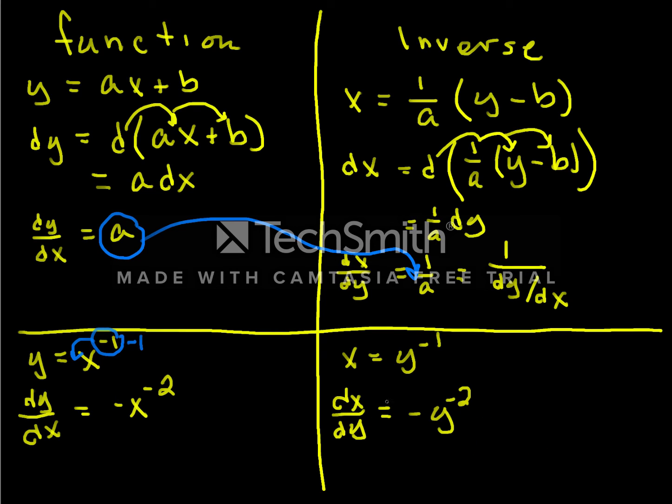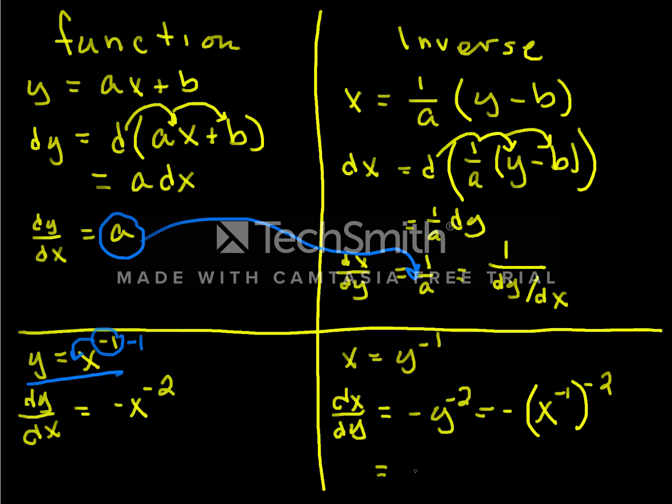Now, we know something about y, unlike the original example, where we could see the relationship right away. These have two different variables, but I know that y is equal to x to the minus 1. So I could replace that here. And so this is equal to negative, and now y is equal to x to the negative 1, so I can put this in for y, still being raised to the minus 2 power.